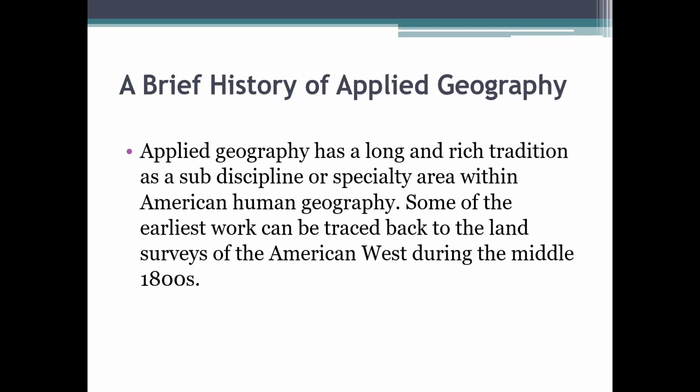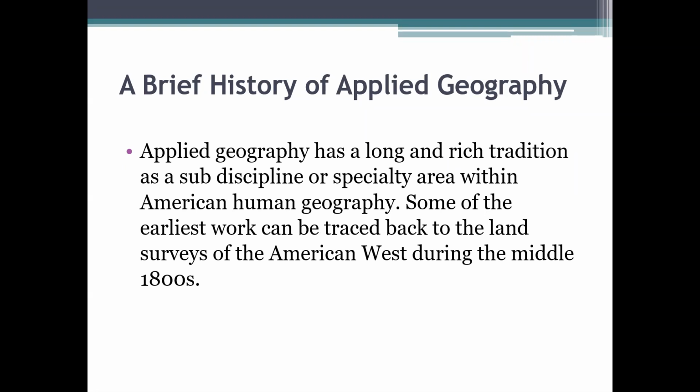When we come to the brief history of applied geography, we can see applied geography has a long and rich tradition as a subdiscipline or specialty area within particularly American human geography. Actually, American geographers, particularly from the field of human geography, tried to apply geographic knowledge to solve problems every time.